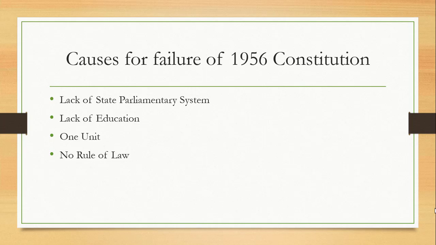No rule of law. Another reason for the failure of the 1956 Constitution was that instead of rule of law, there was rule of person in the country. So it led to the failure of the constitution.